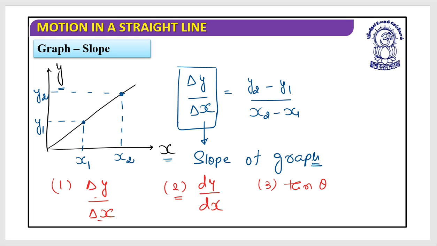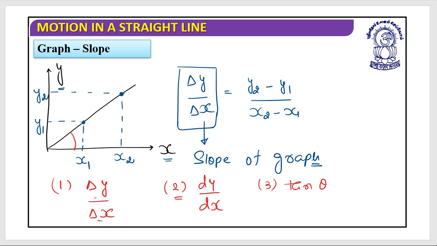Now how could I calculate the theta? You need to understand that when in physics we are going to measure an angle, we must start with the horizontal axis, and I need to calculate the angle by moving in the anti-clockwise direction.